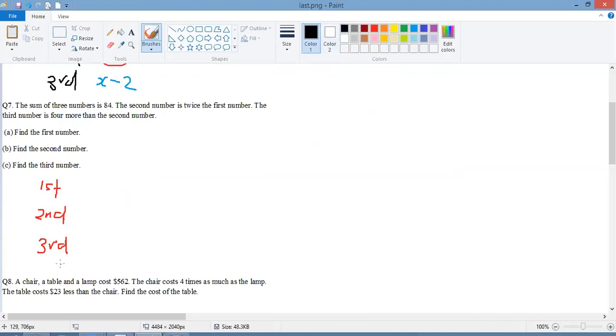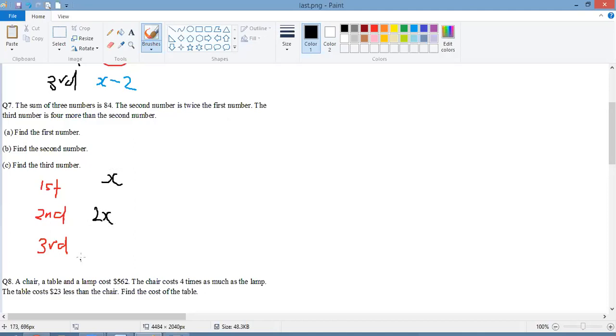So these three numbers, when you add together, you will get 84. The second number, straight away they give you, is twice the first number. So that means you have to compare with the first number. You don't know what the first number is, so you just let your first number equal x. So the second number is twice the first number, means 2 times x, you got 2x.